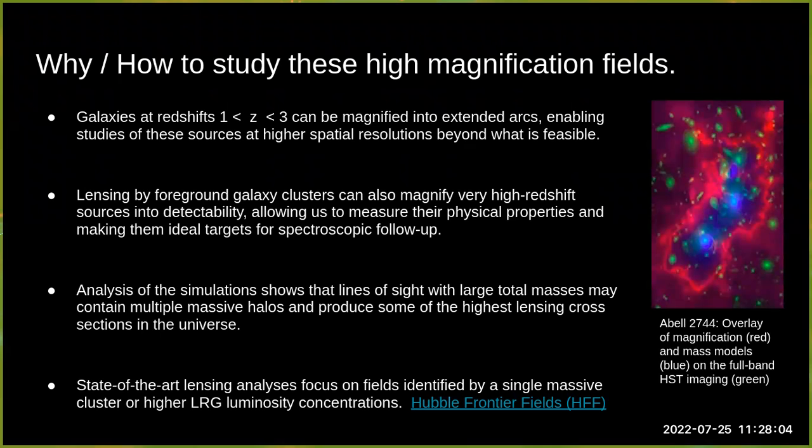They are typically magnified background galaxies between redshift 1 and 3 in optical bands. This allows a lot of study. For instance, it could allow us to study the properties of dark matter in these halos, but also produces ideal targets for spectroscopic follow-ups.